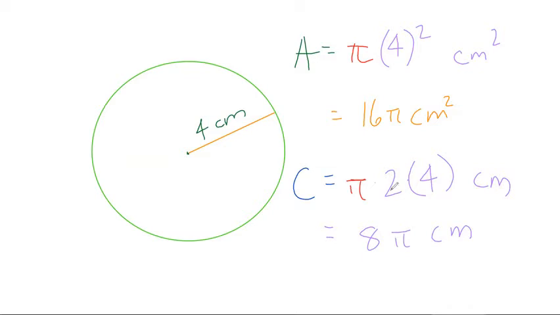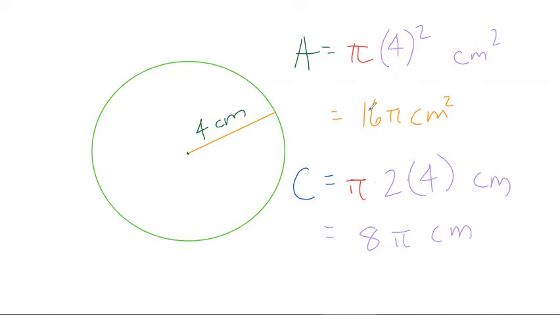Note that the units for area are always centimeters squared, while the units for the circumference, which is a type of length, are just centimeters, or just any kind of units alone. Here it's units squared.